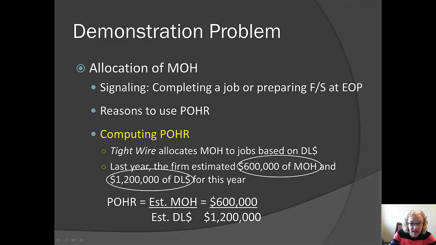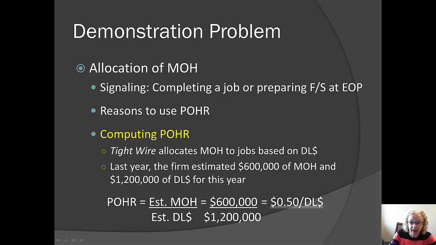If you put that in your calculator, you get a number, 0.50, which tells us assign 50 cents of overhead to each job for every dollar of labor that job consumes.